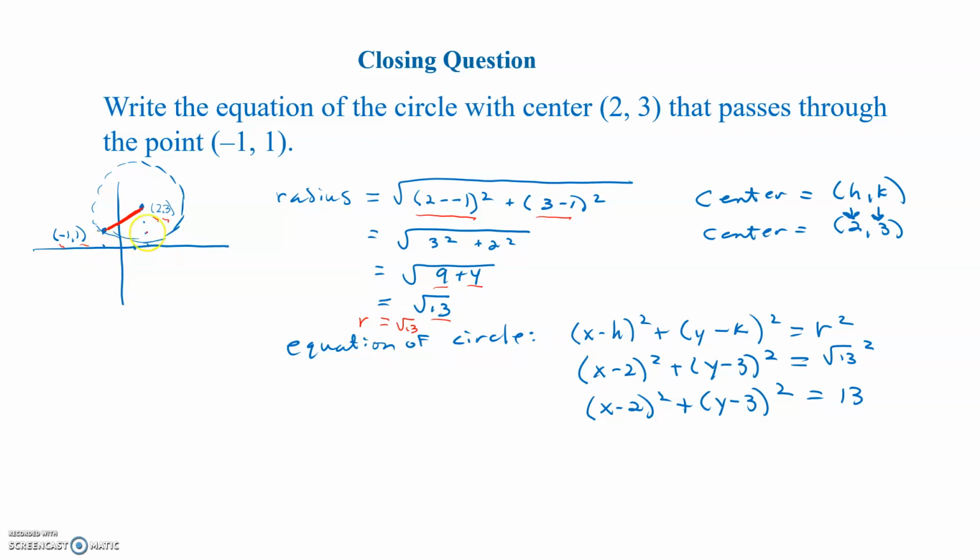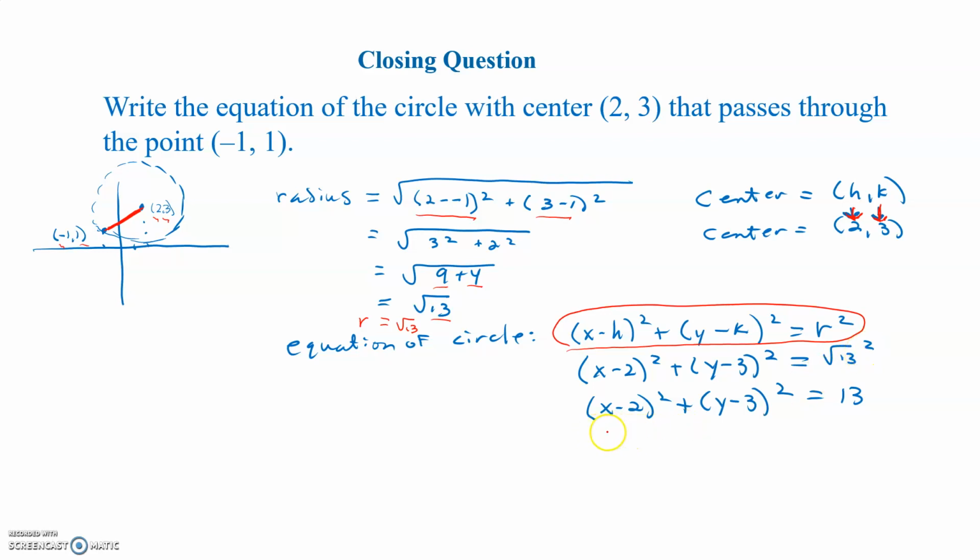Okay, so then what else do I know? The center is at 2, 3. So I wrote that over here. That means that h is 2 and k is 3. So the equation of a circle, here's the general form for the equation. And now I put in the center. So it would be x minus the h value, which is 2, and y minus the k value, which is 3, and then the radius, which is the square root of 13 with a square in it.